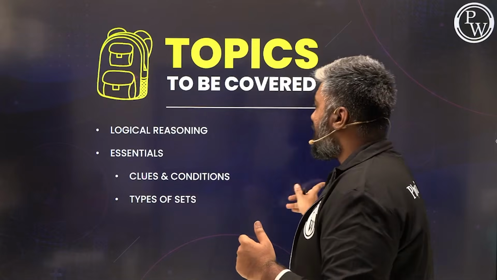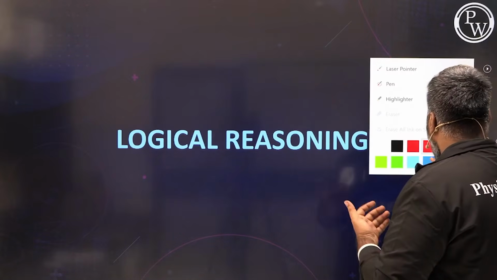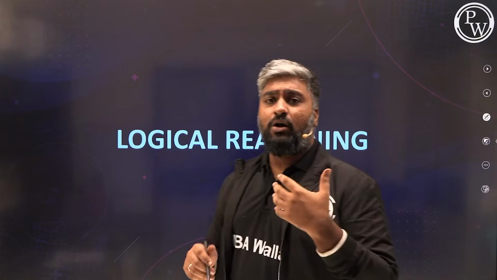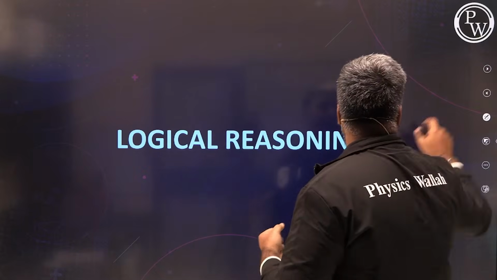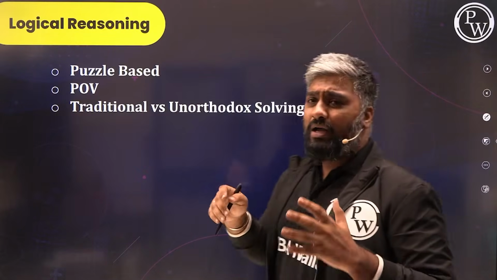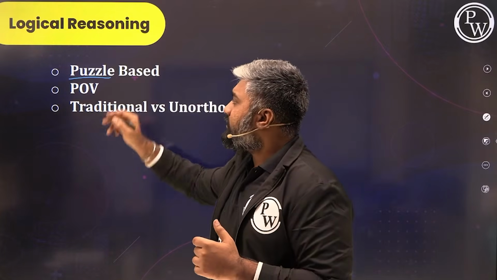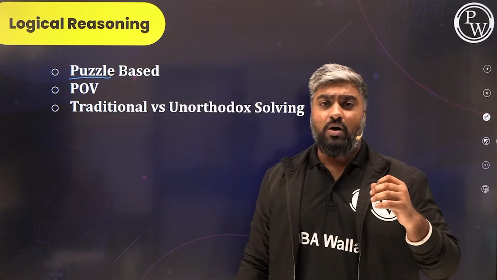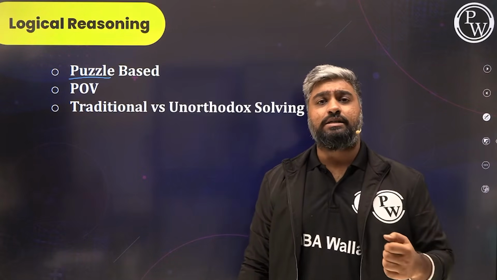Yeah, let's get started. Logical reasoning is all about solving a puzzle. We all know that, right? But beyond that, there are a lot of other things that you have to keep in mind when it comes to LR. So logical reasoning, the entire thing is going to be based on puzzles. Yes, puzzles could be based on math, could be text puzzles, could be purely logical puzzles, right?